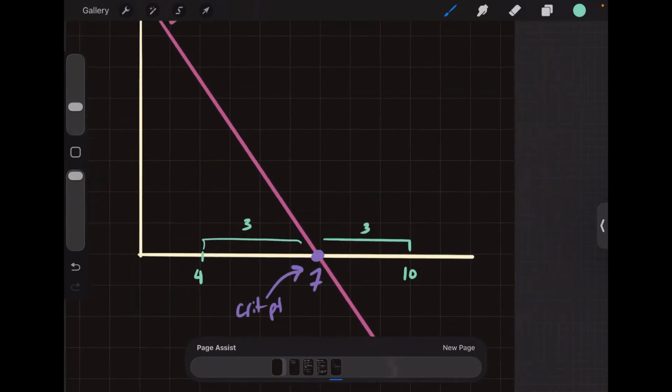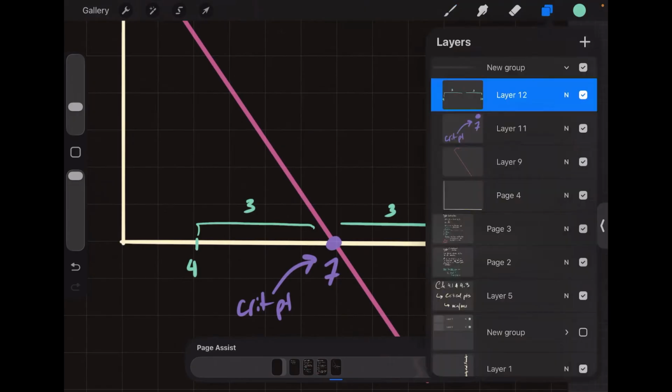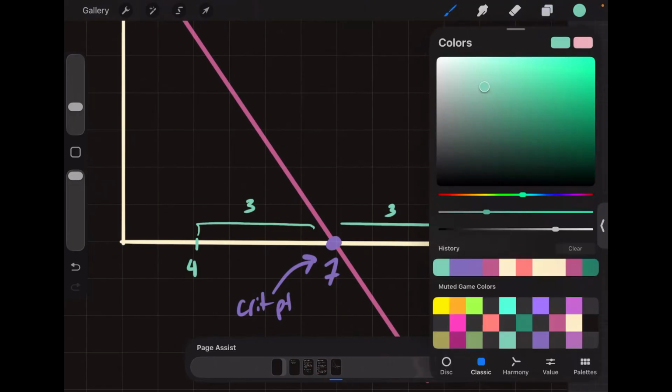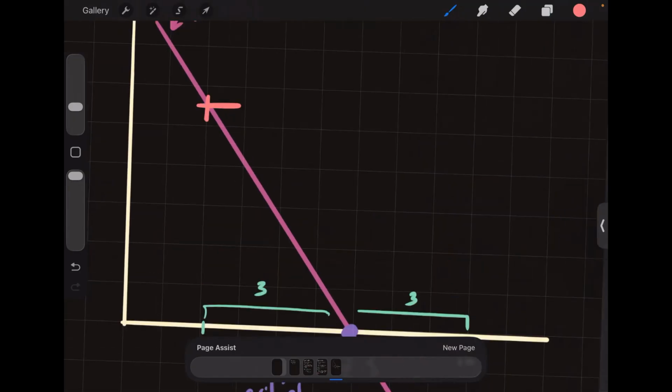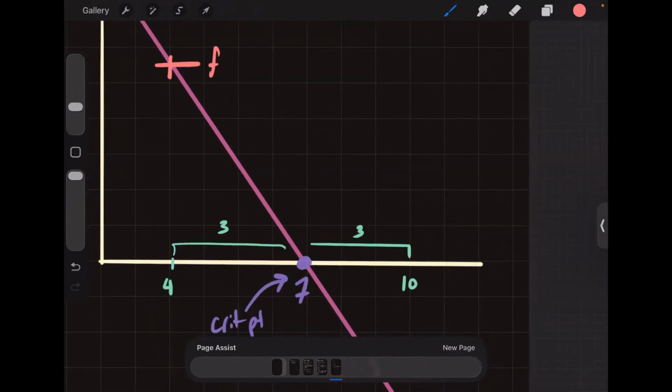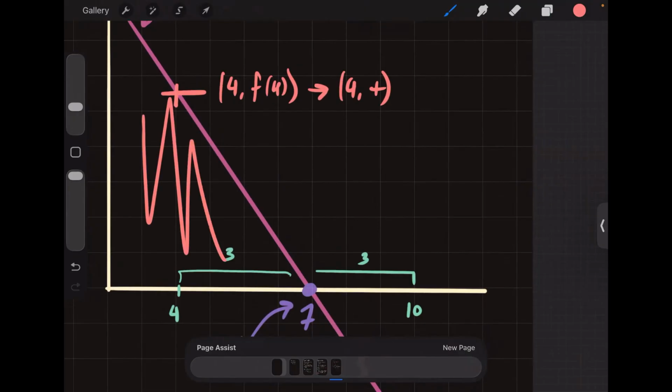On the left-hand side, you have 4 comma f prime of 4, which is 4 comma some positive number, because you're above the x-axis.